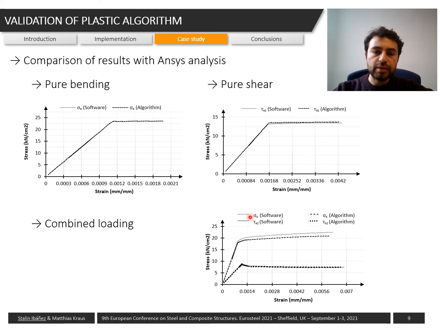In the case of combined stresses, when we have shear strains and also axial strains, the algorithm works with certain differences in the actual stress. This is explained by the fact that in ANSYS, the model that we had considered more stresses than this simplified method with two stress components.